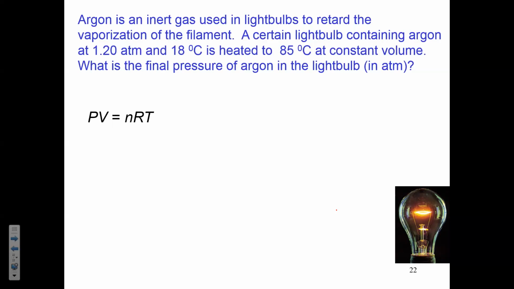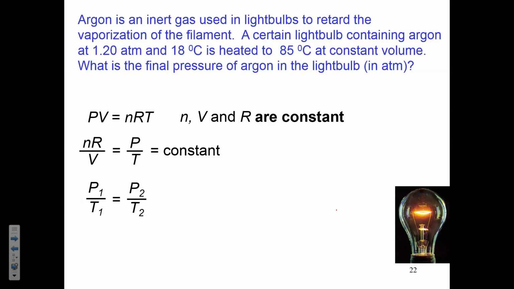In this one, we are given changing temperatures, so I'm going to give you another equation that you should have seen before. This isn't the ideal gas law, because pressure is the only thing we're looking for, and we're given two temperatures.